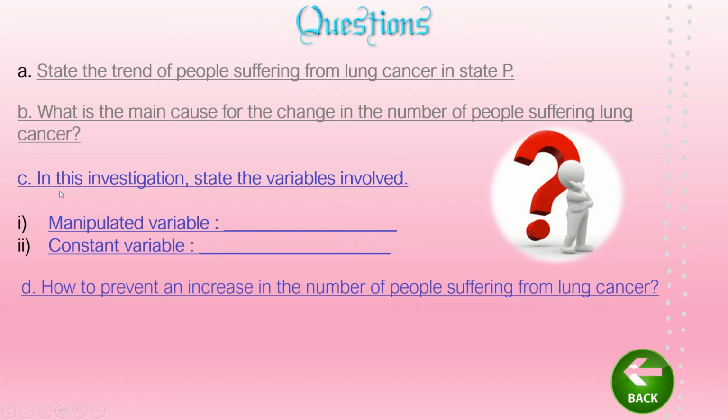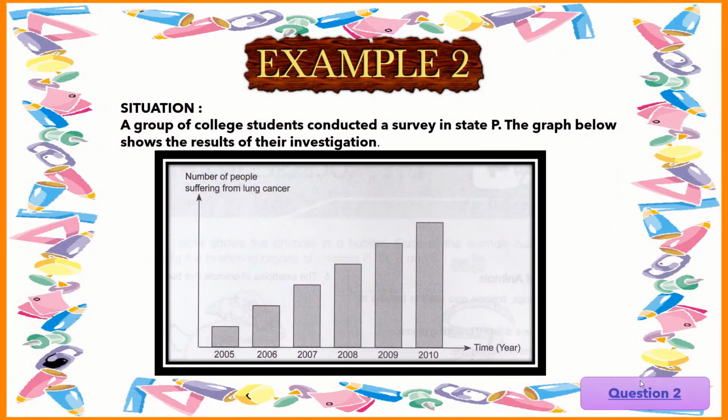Question C. In this investigation, state the variables involved, the manipulated variable and the constant variable. Let's look at the bar chart again. When you observe the graph, the X axis always points to the manipulated variable.